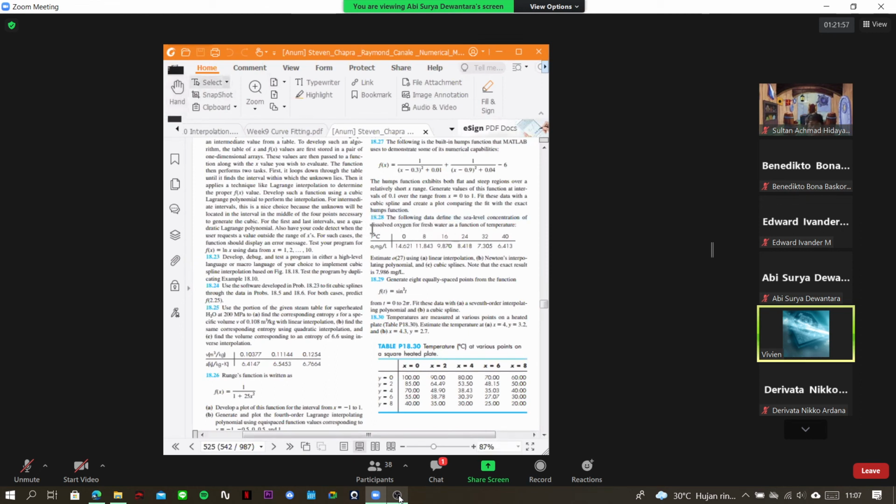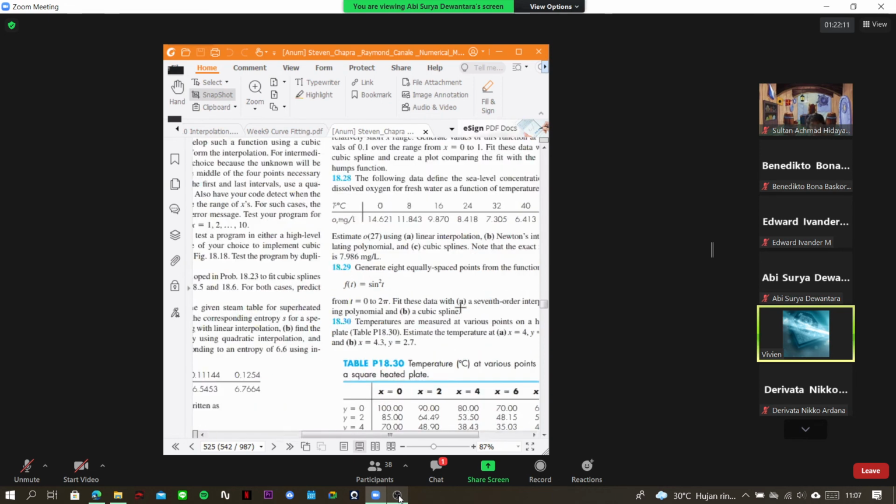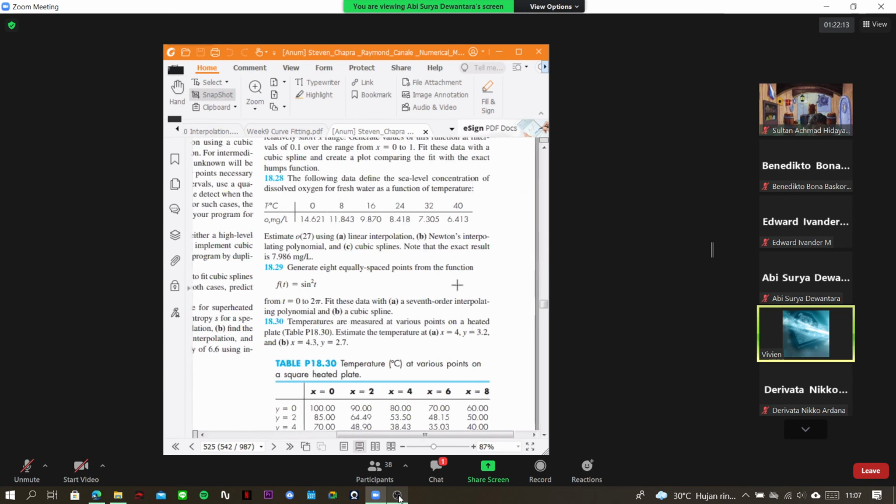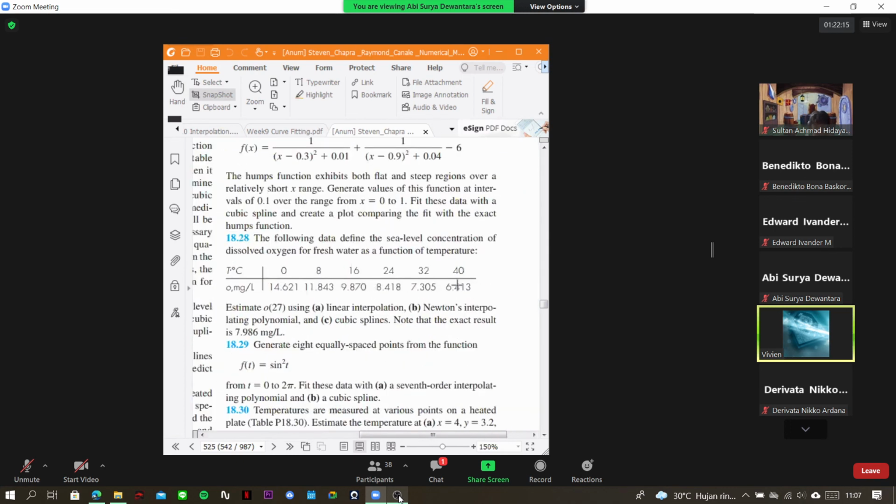find the sea level concentration of dissolved oxygen. So we want to find the concentration of dissolved oxygen in the water, which will be a function of temperature. Now estimate the value at 27. So we want to estimate the value at 27 using linear interpolation, and Newton interpolation.